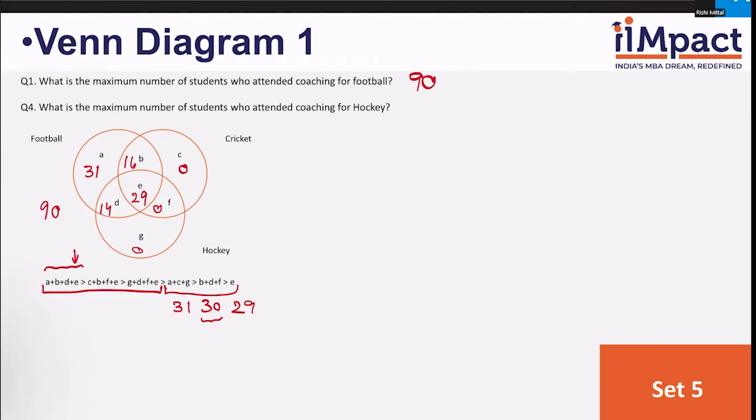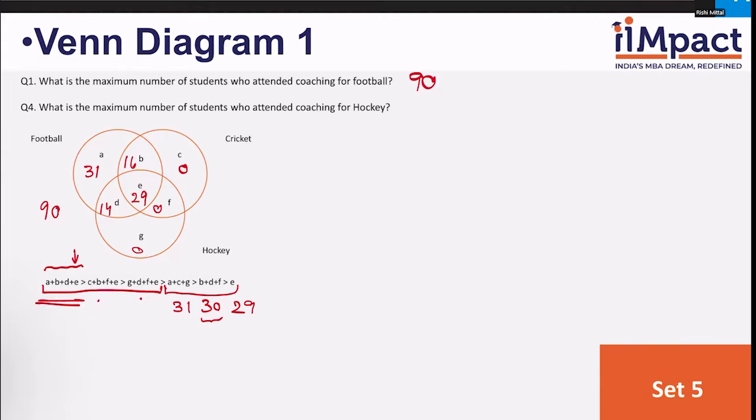And why was I able to do that even without solving? Because football is the highest. You can't apply that logic to the other two just directly like this. So just a tip: in this kind of scenario, we can directly give 90 to football while being able to adjust it for other variables.